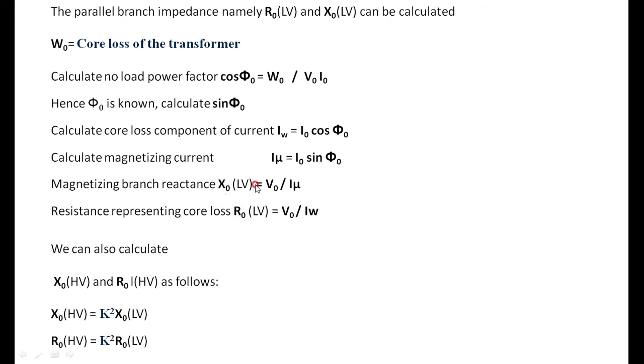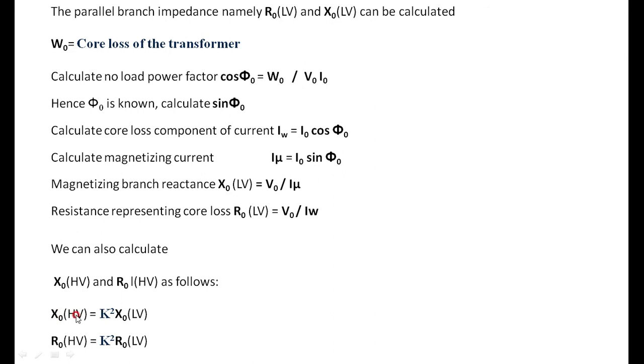Suppose these parameters are required on the HV side. If you want to draw the diagram on the HV side, in that case, you consider the LV side as a primary. Then how to transfer to the HV side? It is a simple basic principle: transformation from primary to secondary, you have to multiply the square of the transformation ratio to the primary side reactance and resistances.